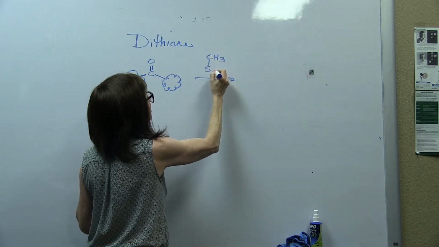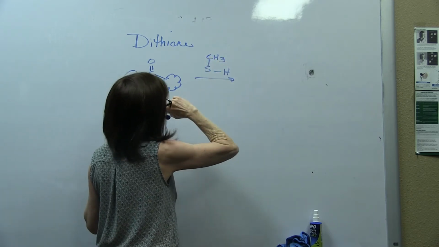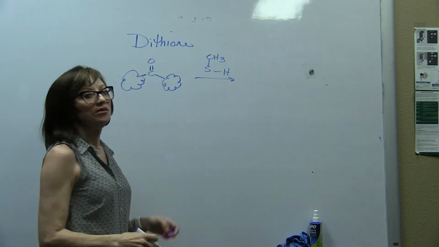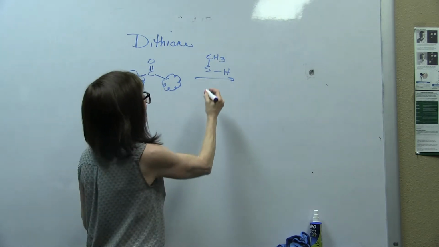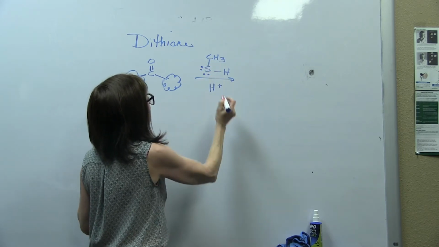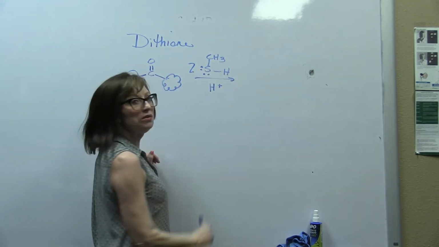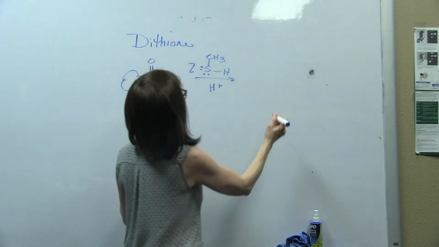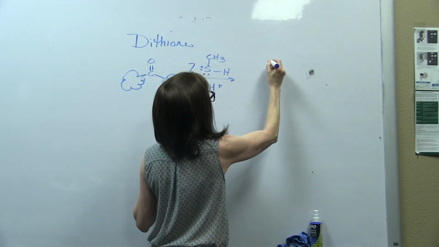Okay? So we can react this with a thiol. We'll use methane thiol, CH3SH. Of course, we know this has 2 lone pairs. And if we use 2 of these, we're going to get what's called a dithiane.